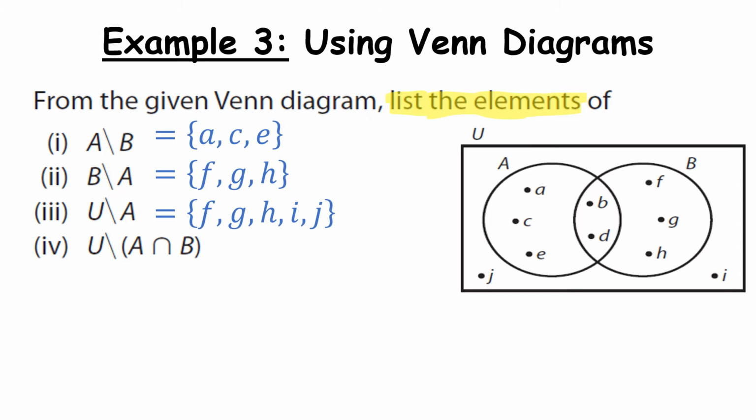Take away A intersection B. So again, let's highlight the whole universal set. That's what we've started with. And we take away A intersection B, which is this part here. And what we're left with is A, C, E, F, G, H, I, and J.